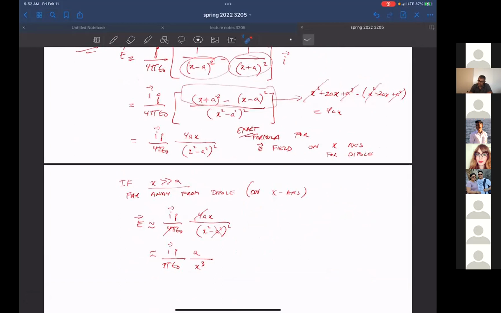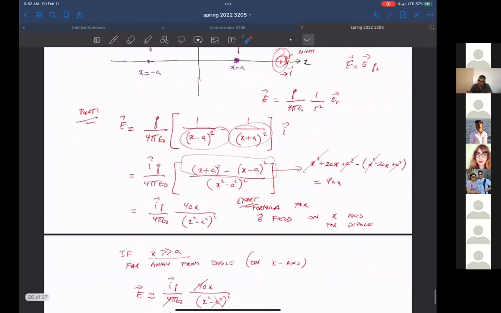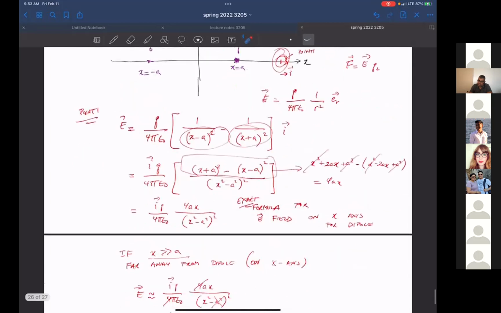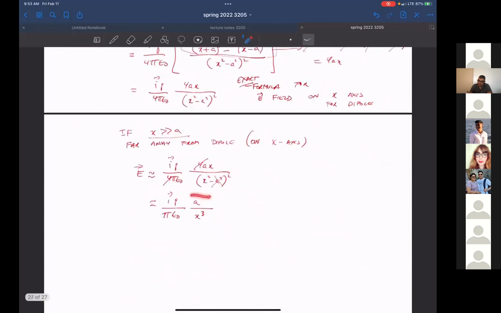But because I have an opposite charge, it's weakening the electric field caused by this guy, since it's pulling opposite to it. So it's weakening the electric field faster in the case of a dipole than a single charge.